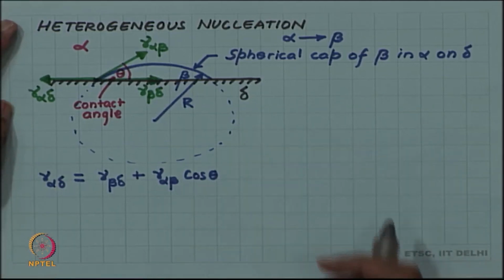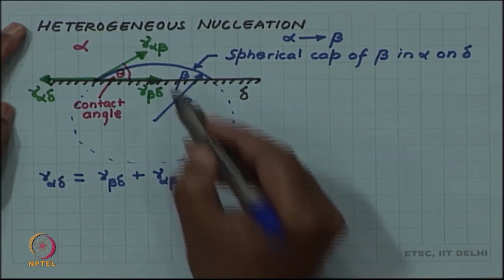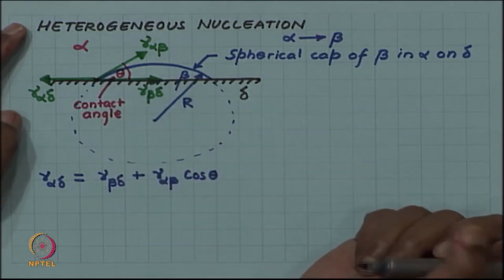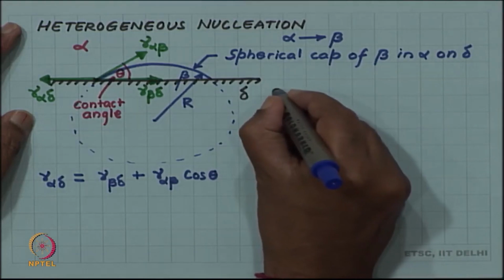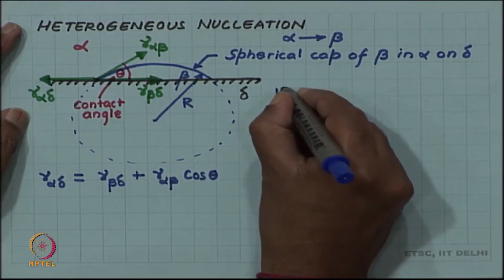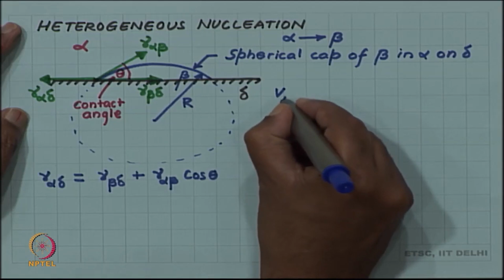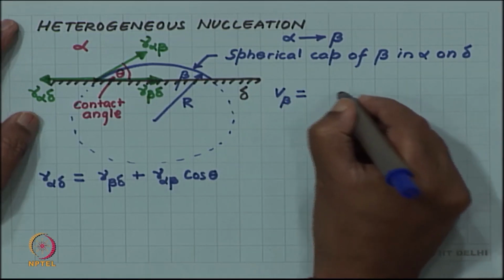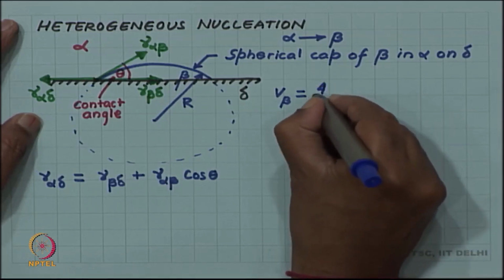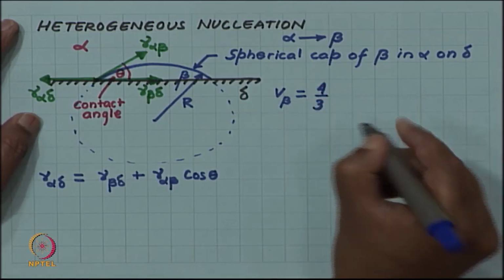Now, to carry on our analysis, we need the volume and surface area of this spherical cap. This can be easily derived using calculus. We do not do that here, we just write the result, but I encourage you to go ahead and try to derive this using calculus.